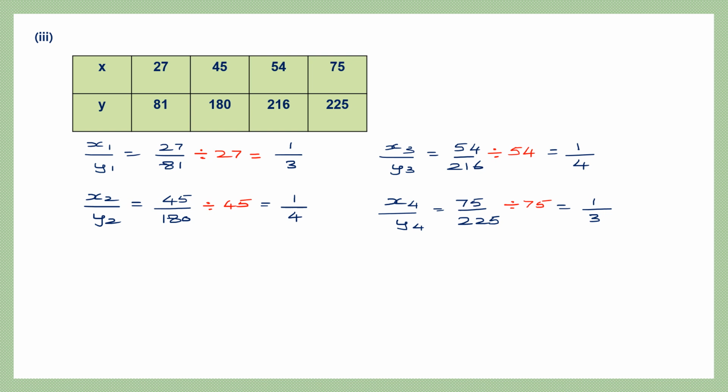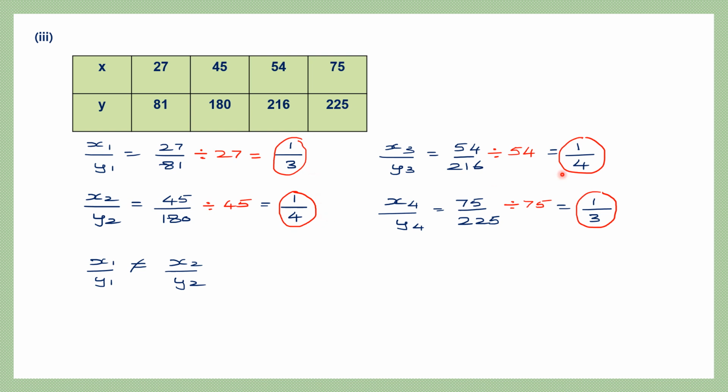So let's see what we've got. We've got 1 by 3, 1 by 4, 1 by 4 and 1 by 3. So let's write out finally what we have. So we have x1 by y1, which is not equal to x2 by y2. It's not equal. As you can see, x1 by y1 is 1 by 3, x2 by y2 is 1 by 4.